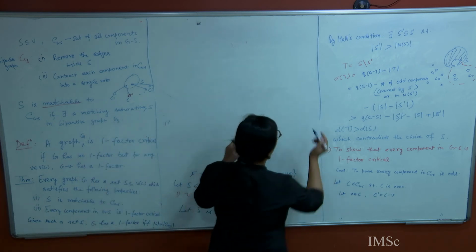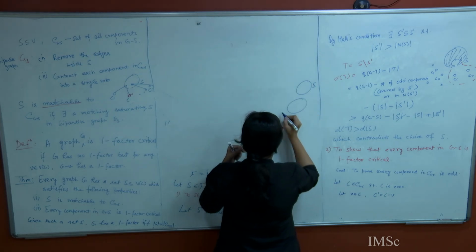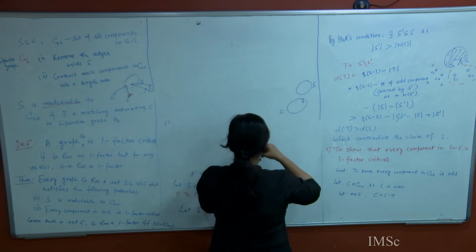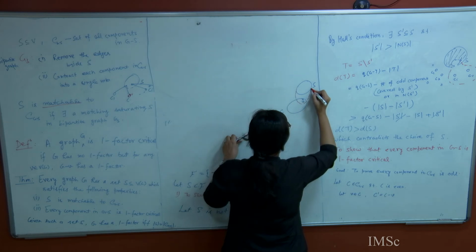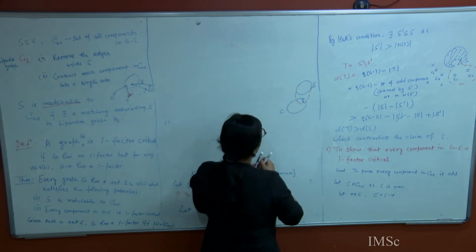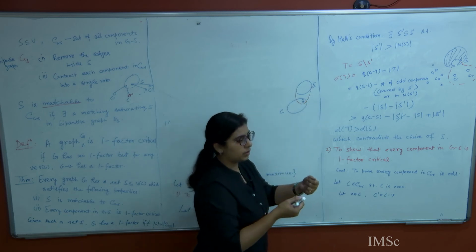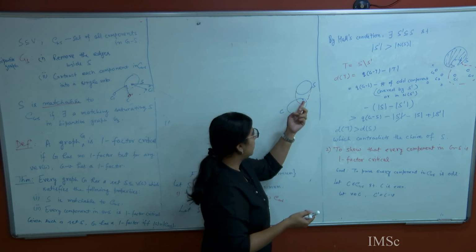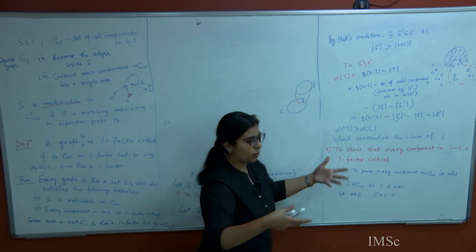So what I am saying is that we have this set S, and we have this component C. I have picked one vertex V and pushed it inside. Now this V may be a cut vertex inside C. So it may happen that when I remove V from this component, it makes new components, right?